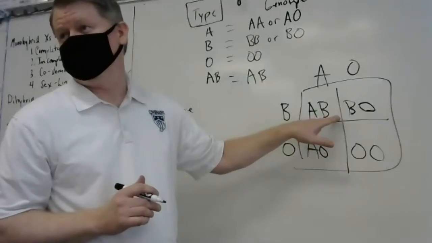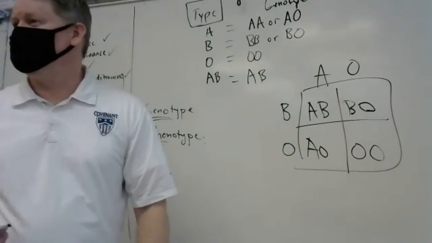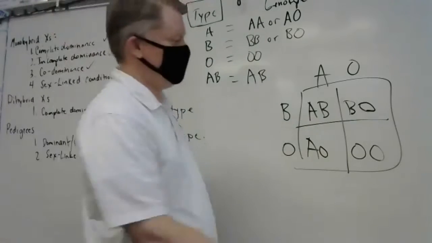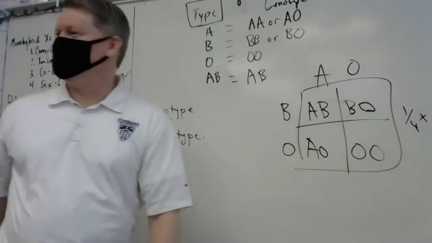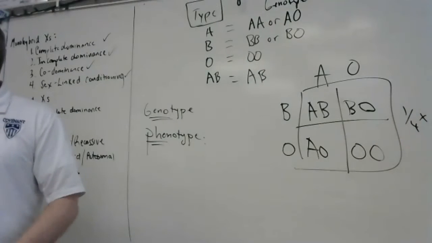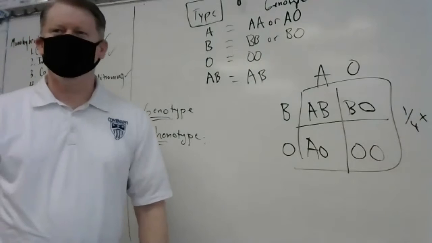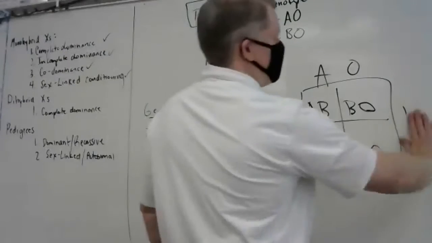What's the chance that all 4 children might have AB blood? 1/4 times... All right, 1/64, right? Is that right? Did I do my math correctly? Yeah. Not very likely. Could happen. Okay. We'll get into some of those things later.